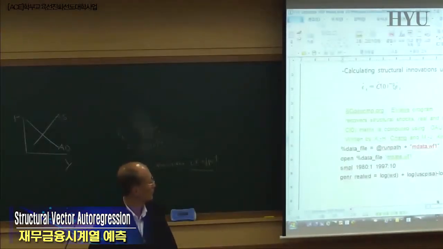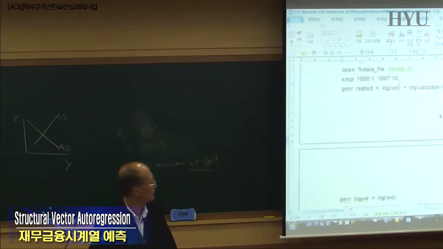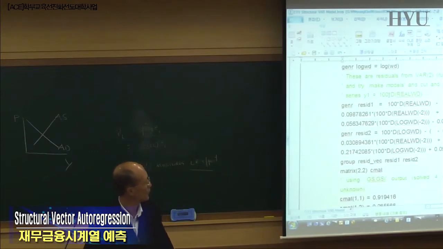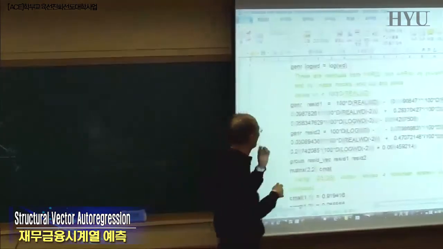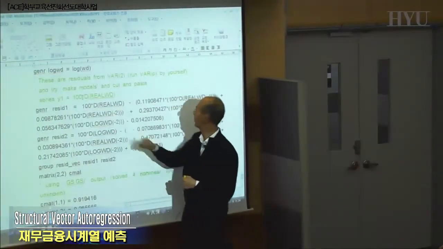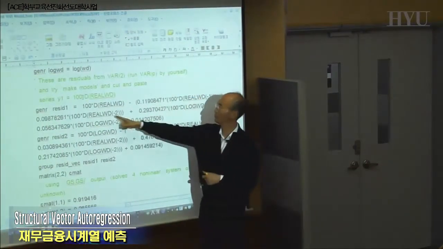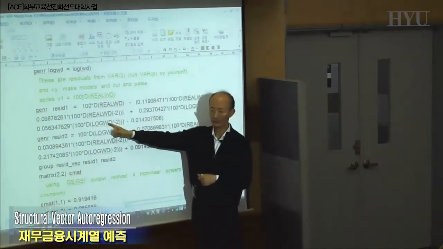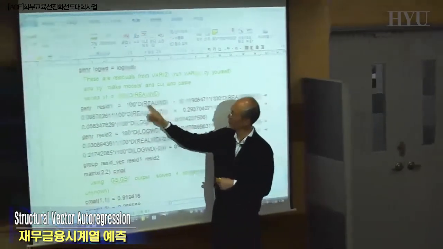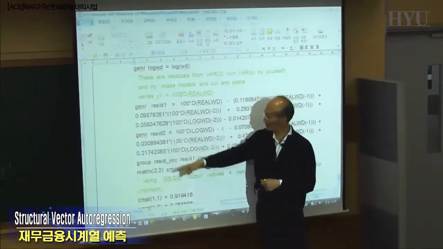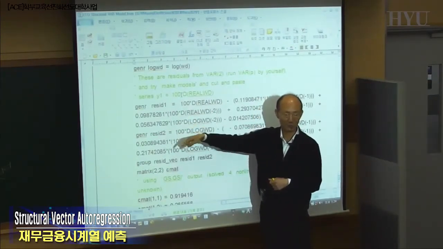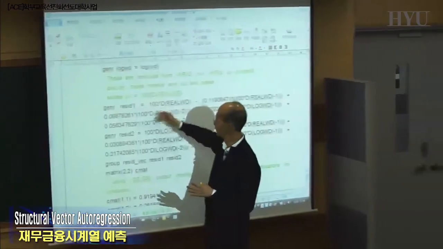So if you run a regression of this on lagged value and constant, basically this is E1t, E2t, the residual, right? I've shown this one previously.